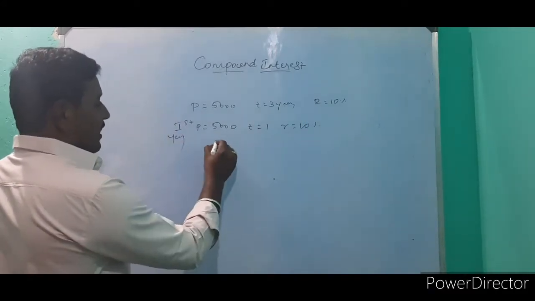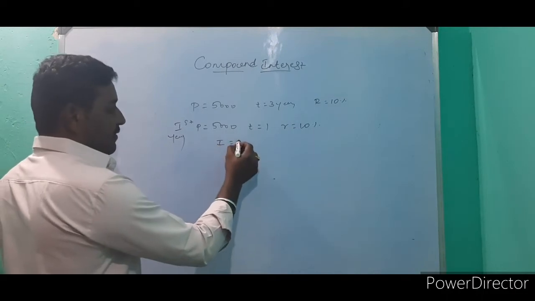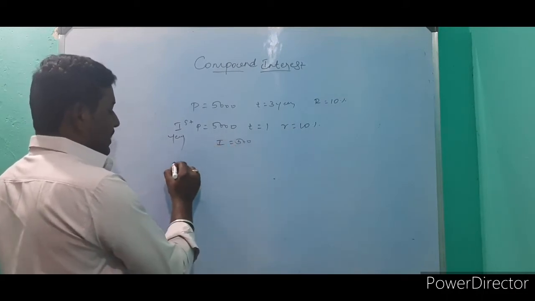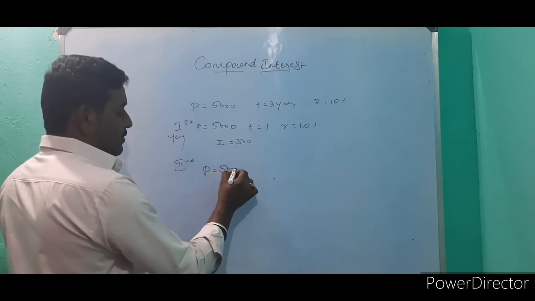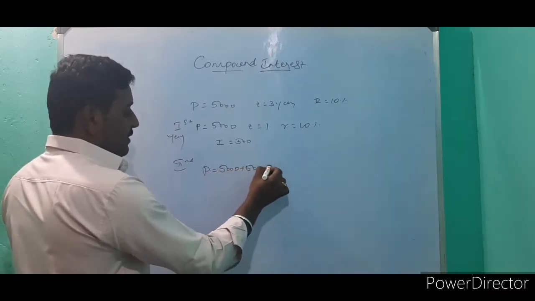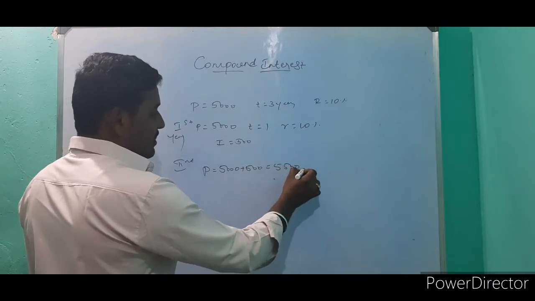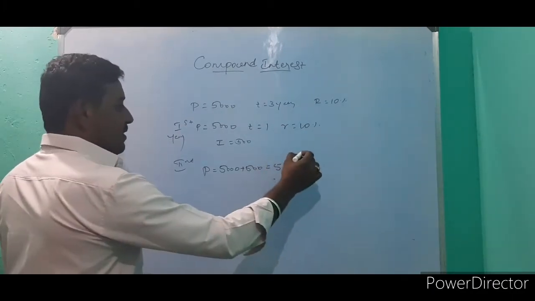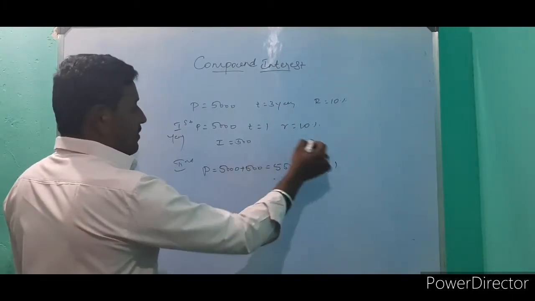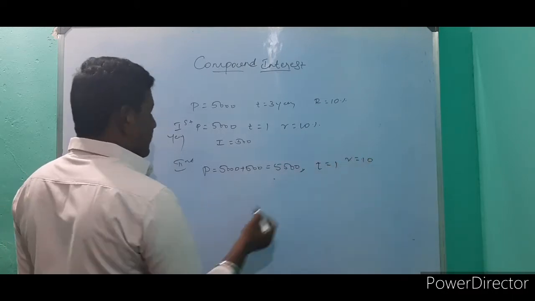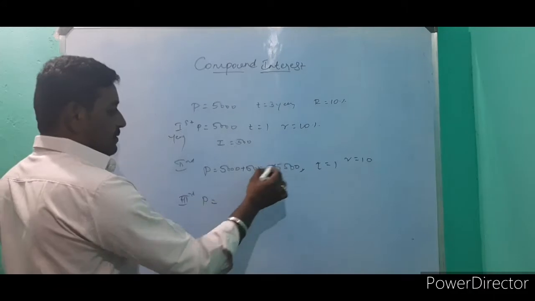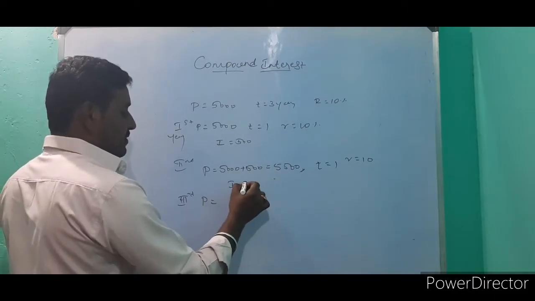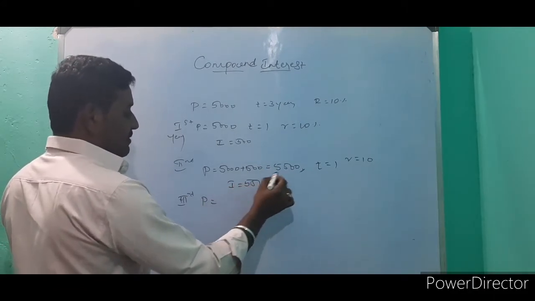After finding the interest, suppose you get 500. For the second year, P is equal to 5,000 plus 500, so the principal amount is changing. Similarly, the process is for 1 year only, the second year. For the third year, you again get some interest, 550 rupees.